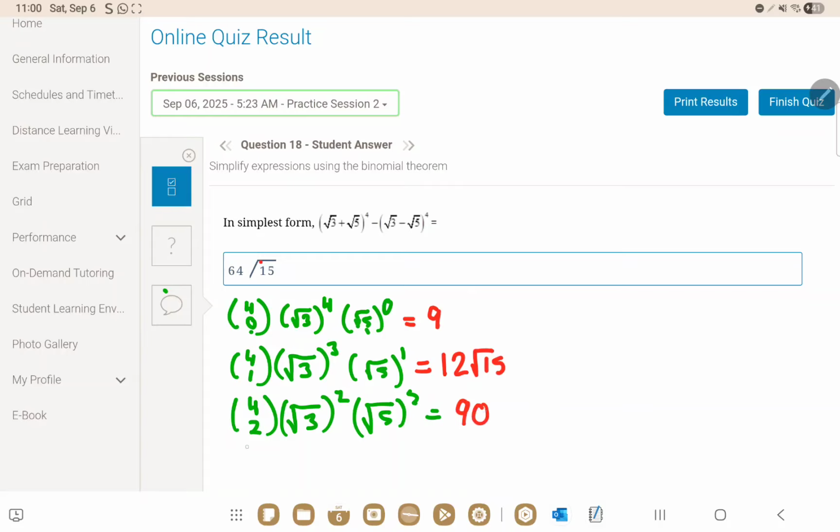And 4C3 times radical 3 to the power of 1 times radical 5 to the power of 3 is basically 4 times radical 3 times radical 125, it is 20 radical 15.